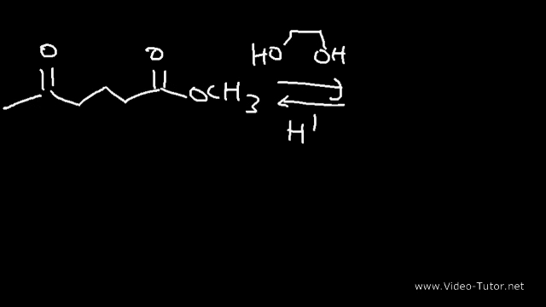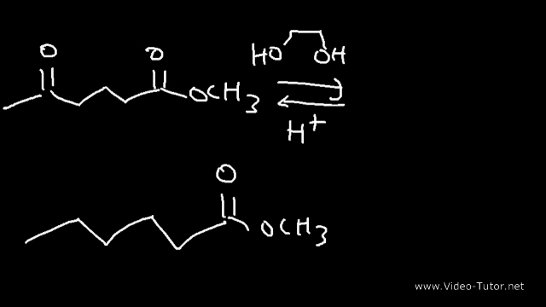Looks like I'm running out of space, so let's put this somewhere else. Now the ester part is going to stay the same. The protecting group, the ethylene glycol, is going to turn the ketone into an acetal. So it's going to look something like this.